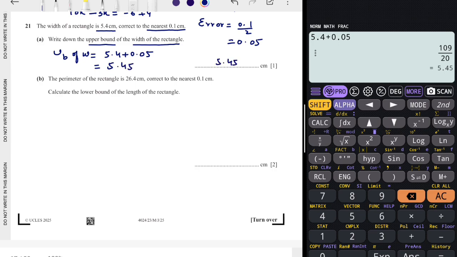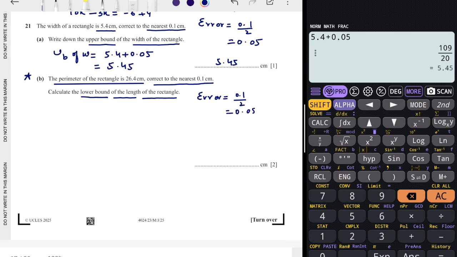Now part B is a very important one. The perimeter of a rectangle is 26.4, correct to the nearest 0.1 centimeter. Calculate the lower bound of the length of the rectangle. So the error is the same, that is 0.1 divided by 2, and this would be 0.05.